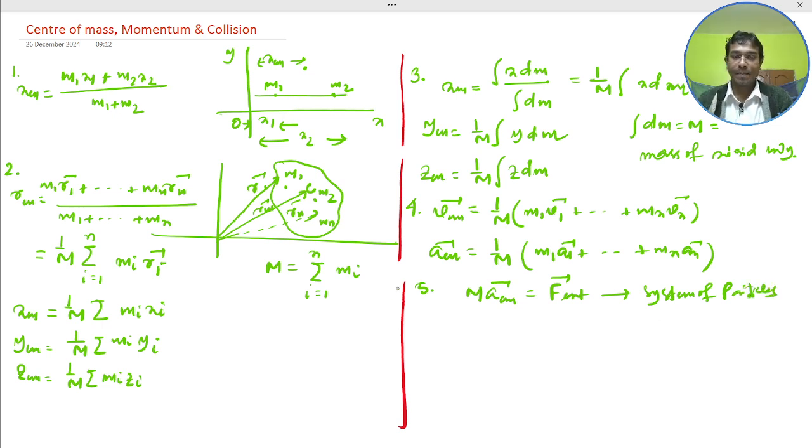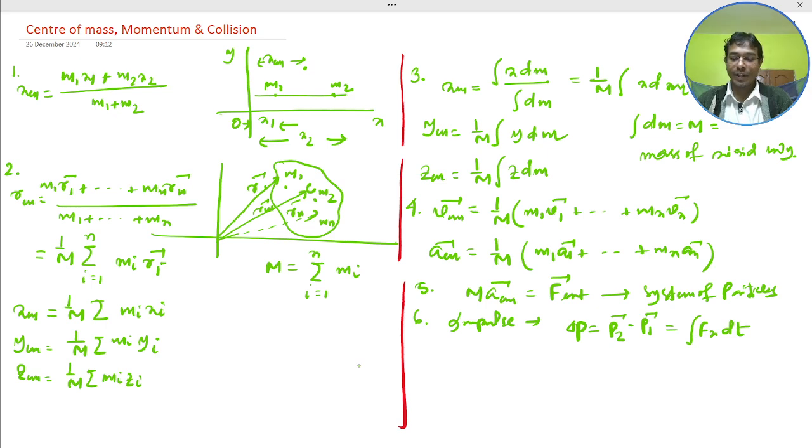So impulse is written as the change of momentum, that is delta P equal to P2 minus P1, which is the integral of F dt.